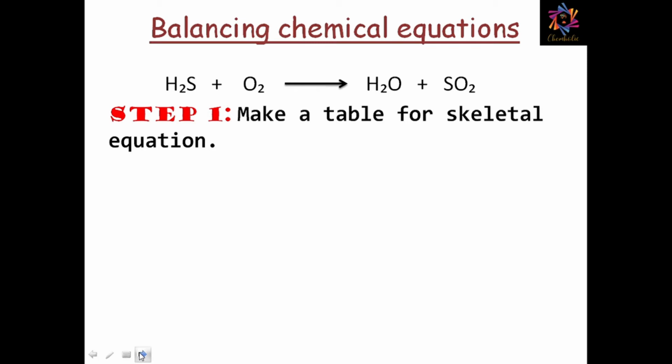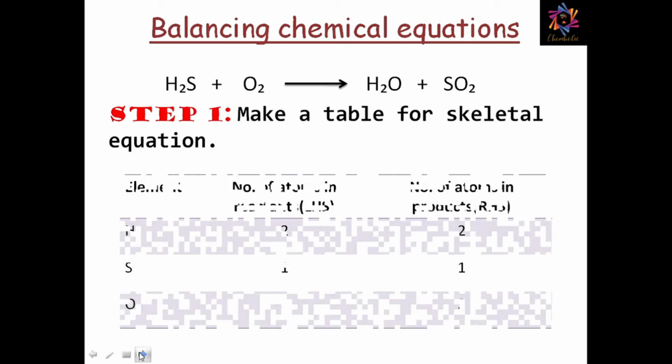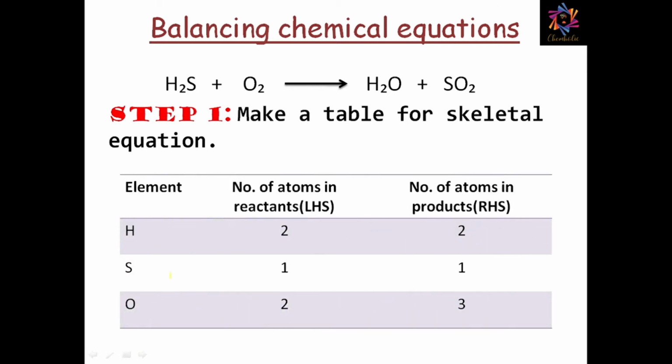As I showed you before, we write the number of atoms of each element on both the left hand side as well as the right hand side. We'll write the elements in this column, and the atoms on the left hand side and on the right hand side. So here we can easily see which element is actually not balanced.